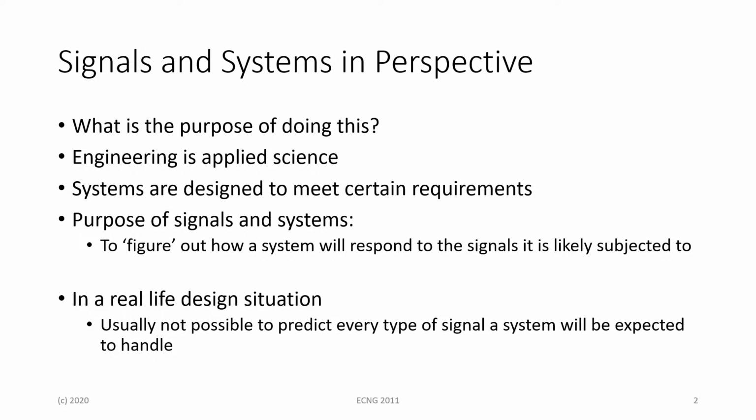And this system is designed by certain requirements, in order to produce the required output signal that is expected. So the purpose of this course is basically to figure out how the system will respond to a signal that it will likely be subjected to, and how we can design systems accordingly to get our required output signals from our obtained input signals.